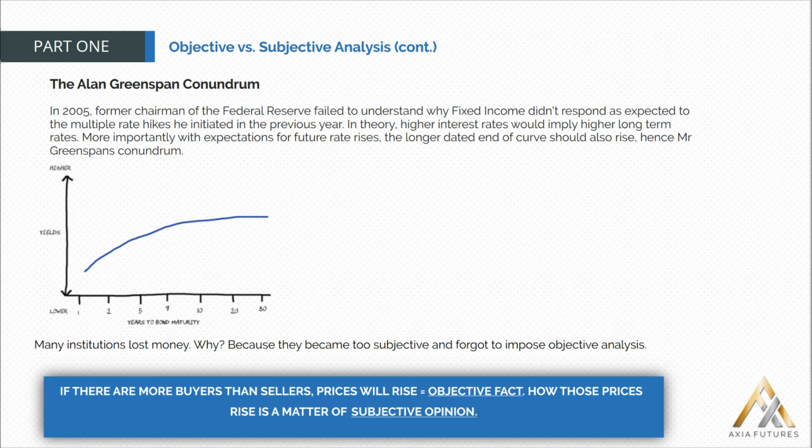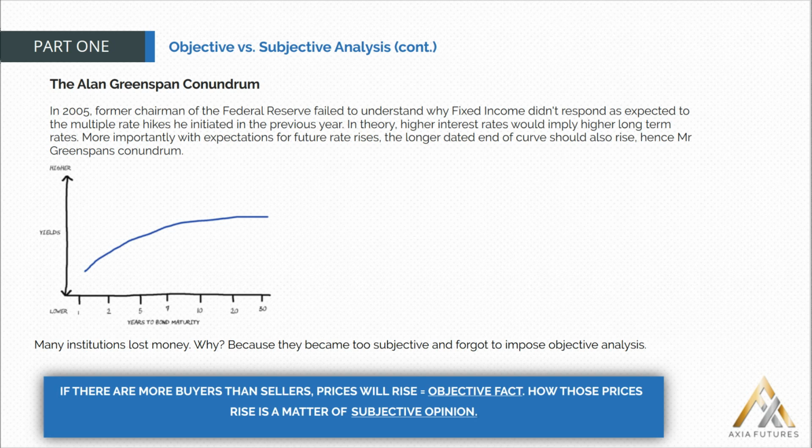So if we take a look at this basic yield chart, on the x-axis we can see the maturity or length of time, and on the y-axis we can see yields or yield opportunity. Now, what we should in theory see on this curve is that as rates rise, in other words as yields go higher and higher, as we go further along the maturity curve, we should see higher and higher rates.